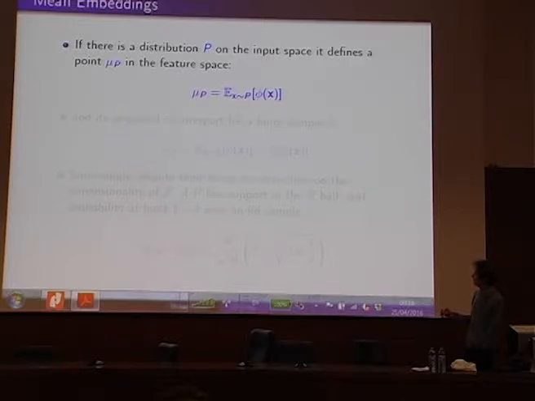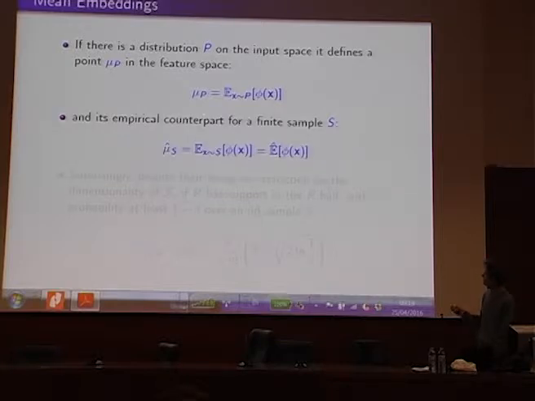And it's just the expected value of the image of an input point, expected over the distribution. So the distribution is on the input space. We look at that expected embedding, and that is a point in the feature space which represents that distribution.